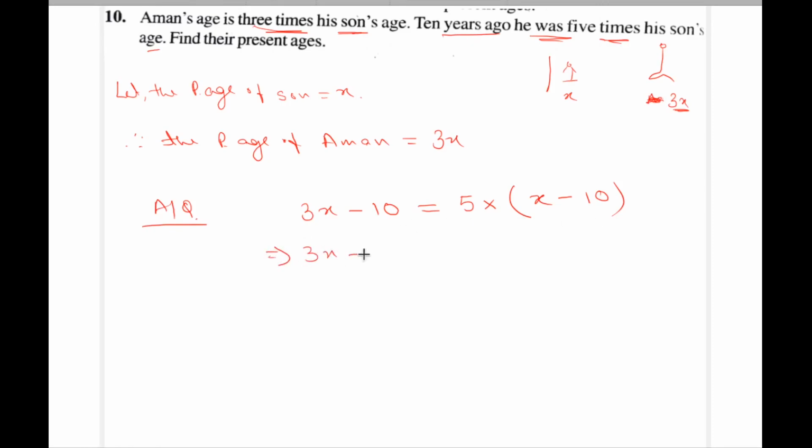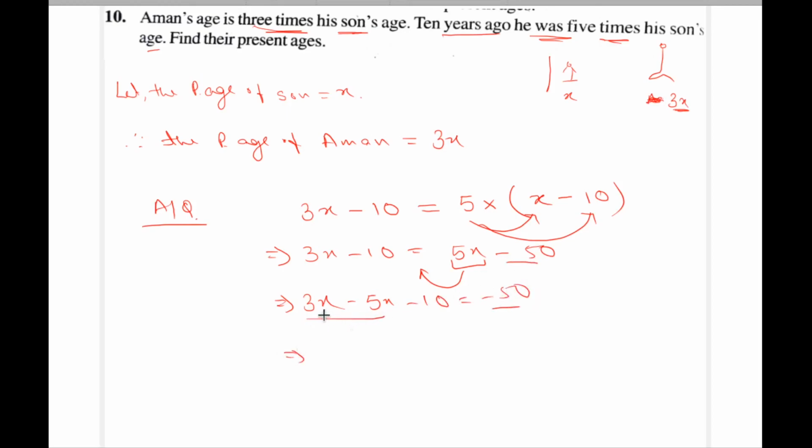So, 3x minus 10 equals 5 times x minus 10, we have to use the distributive property. So, 5x and minus sign, 5 multiplied by 10 is 50. So, 3x, now 5x we are bringing to this side, so it will become 3x minus 5x minus 10 equals minus 50. Okay.